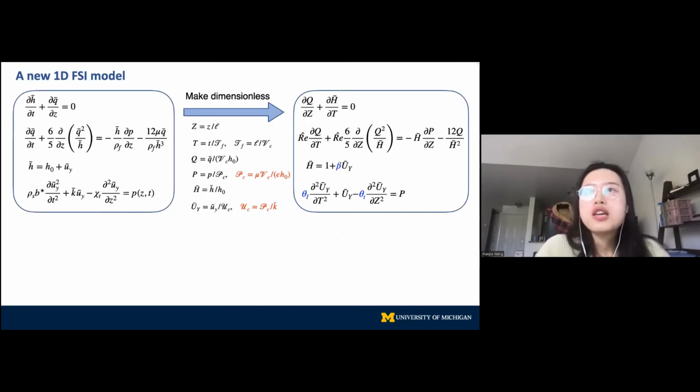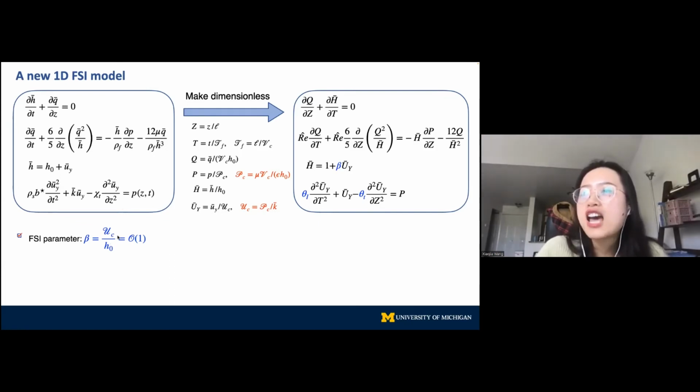To this end, we have finished modeling the FSI system. We end up with these four equations. We can also pick appropriate scales to make the system dimensionless. At the end of the day, we will have three new dimensionless parameters. First of all, beta, which is the FSI parameter.